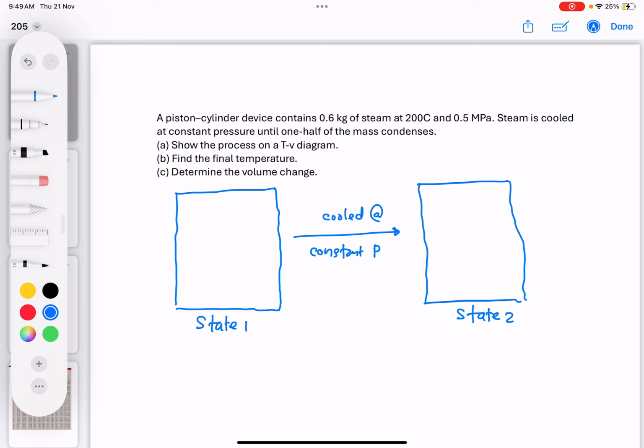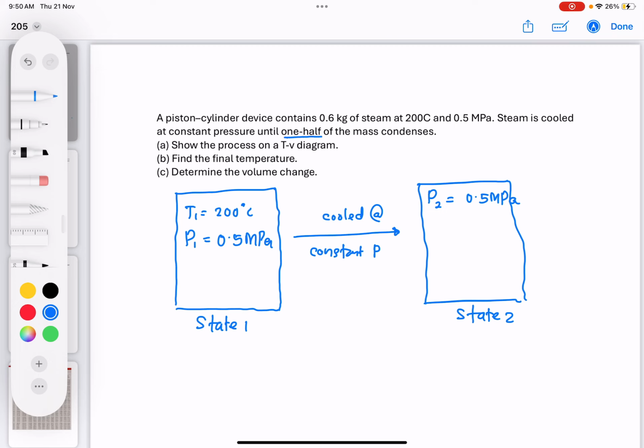Given that temperature at state 1 equals 200 degrees Celsius, and pressure at state 1 equals 0.5 megapascal. Because it was a constant pressure, therefore the pressure at state 2, P2, is also going to be 0.5 megapascal.